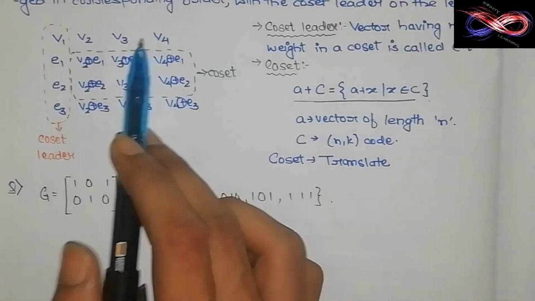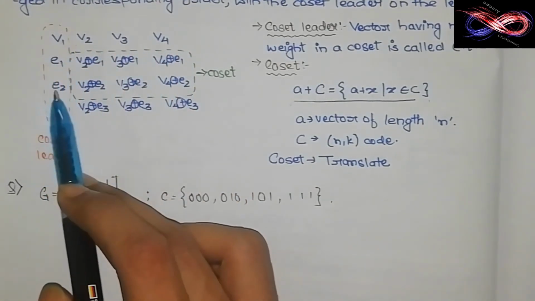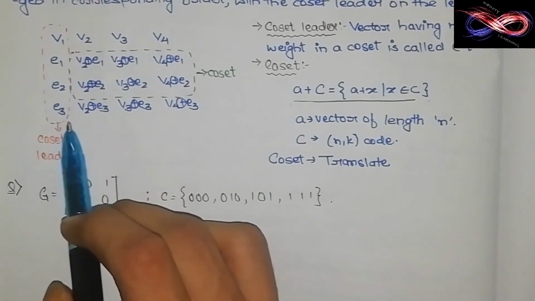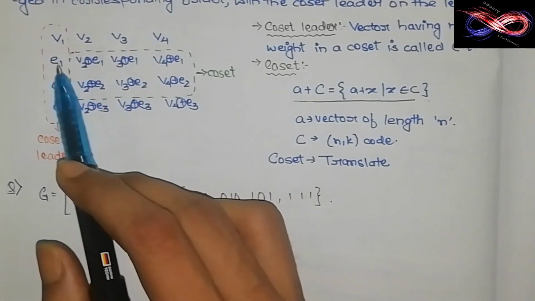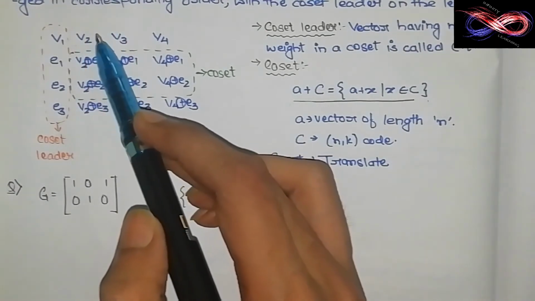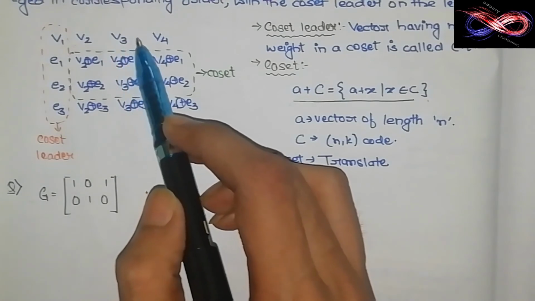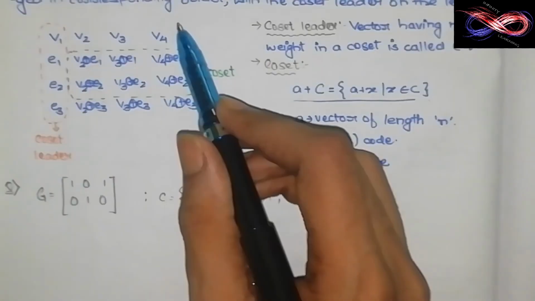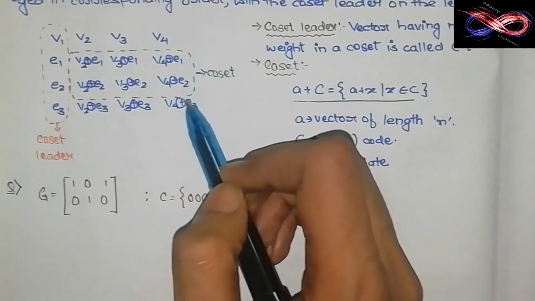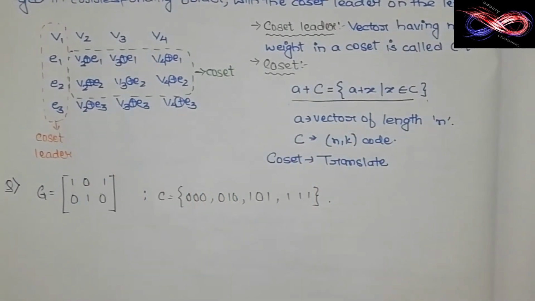The first row contains the transmitted bits, and the first column will contain all the errors. After the first column and the first row are filled, the second column will consist of the summation of v2 with the error parts. The third column will be the summation of v3 and the errors. Fourth column will be the summation of v4 and the errors, and so on. So for solving the sums, we can follow this format.